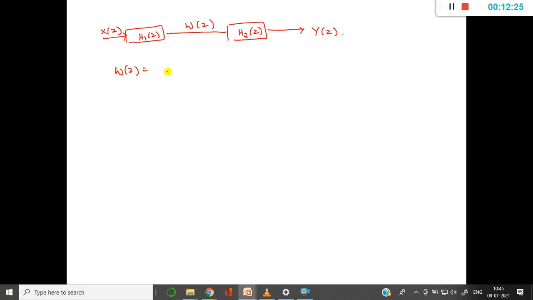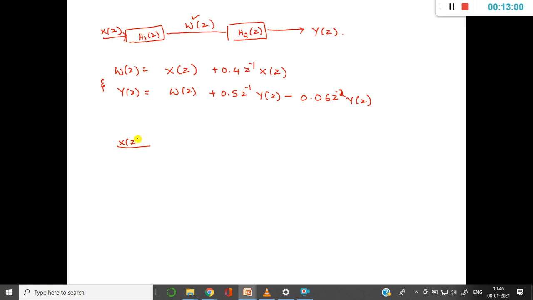W(z) is equal to X(z) plus 0.4 z inverse X(z), and Y(z) is equal to W(z) plus 0.5 z inverse Y(z) minus 0.06 z raised to minus 2 Y(z). Implement these two equations. So W(z) is required, that is coming from X(z). So X(z) I keep as it is.